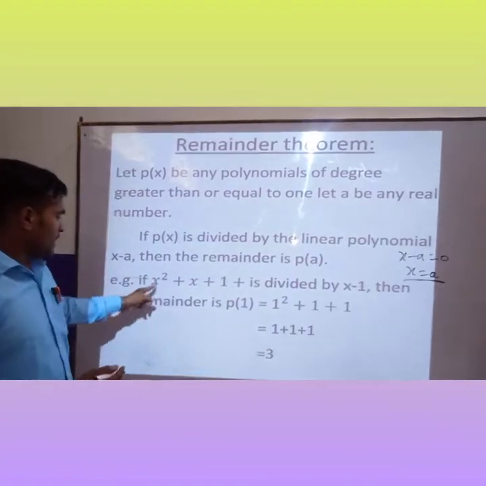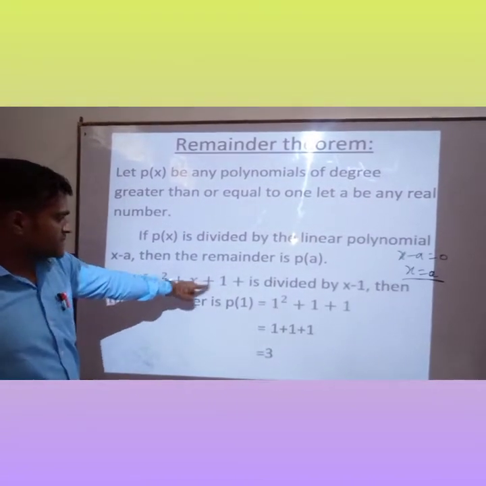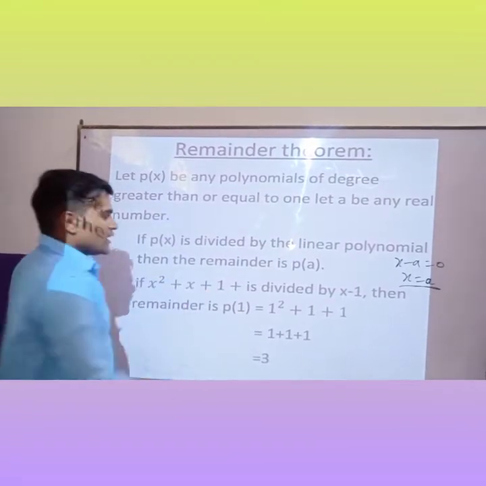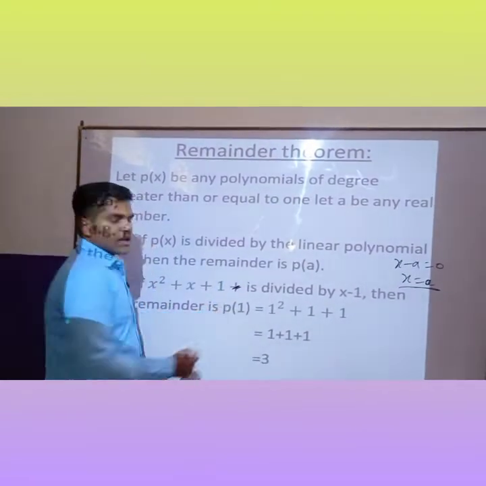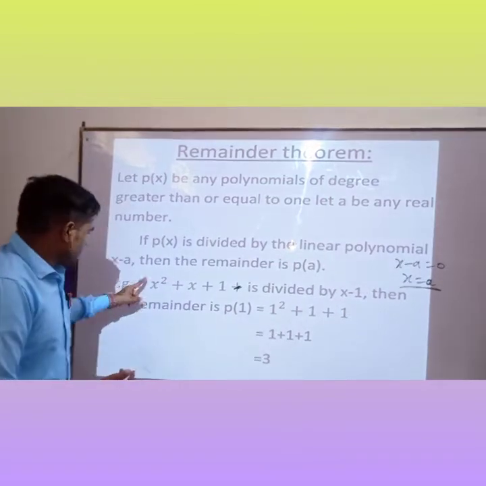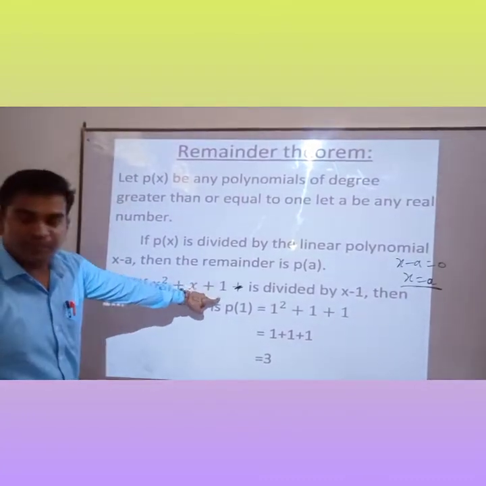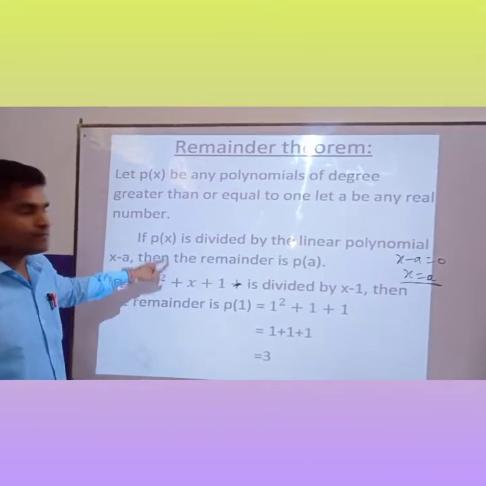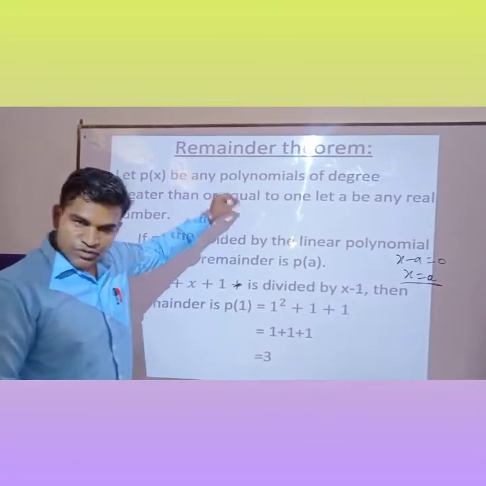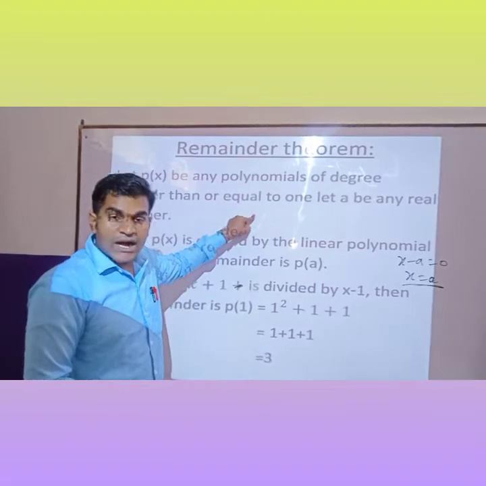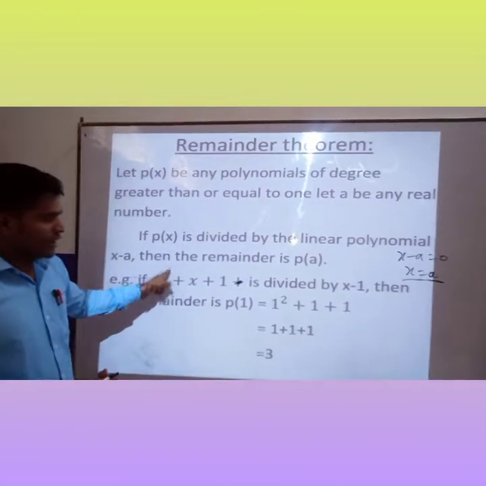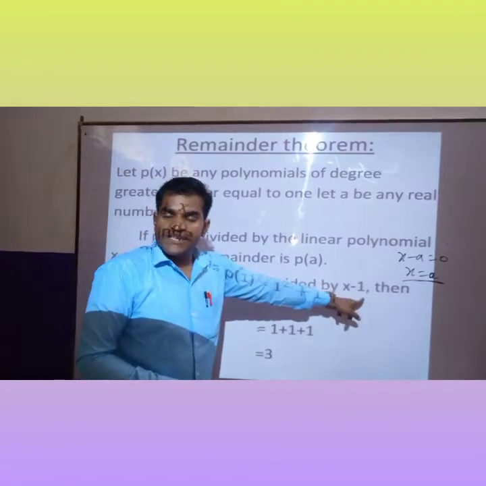For example, x square plus x plus 1 is divided by x minus 1. Let x square plus x plus 1 be P(x). What is the degree of P(x)? That is 2, and the degree of P(x) should be 1 or greater than 1.